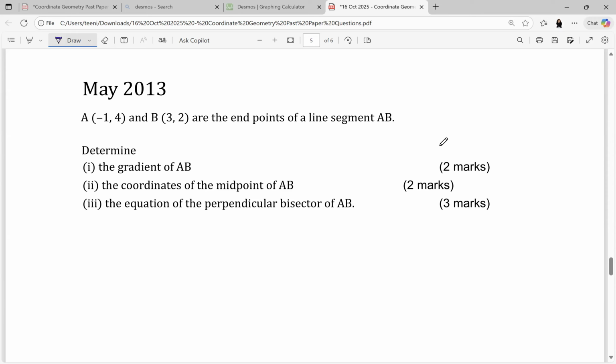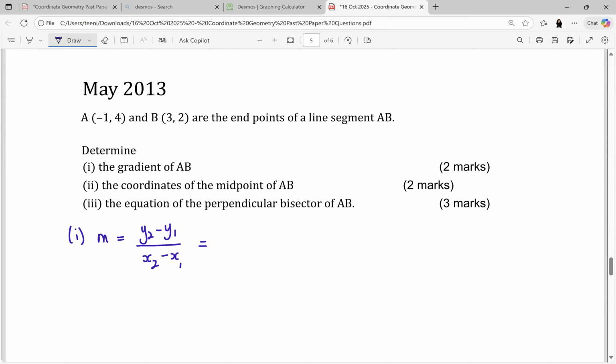So the gradient of AB, m, is equal to y2 minus y1 over x2 minus x1. All right, so guys, be careful with it. It's the difference of the y coordinates you have to use.